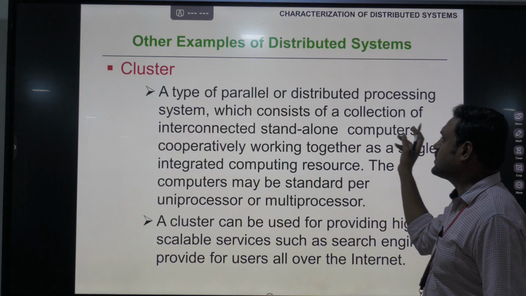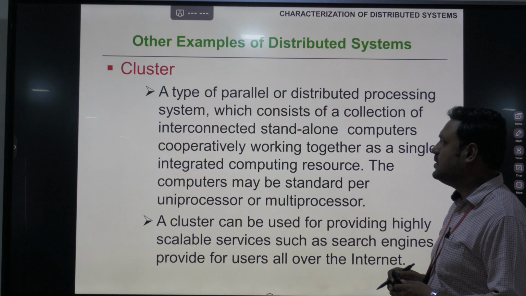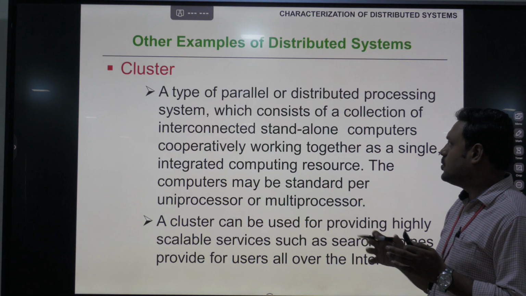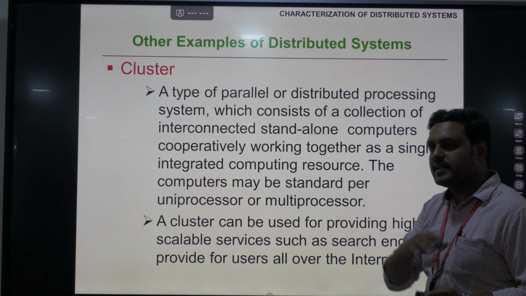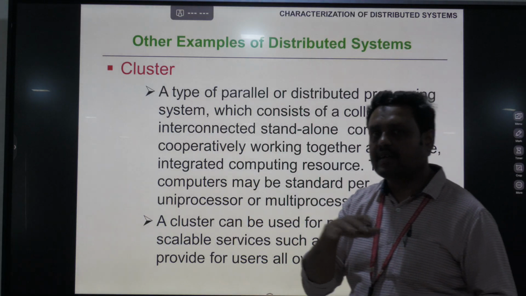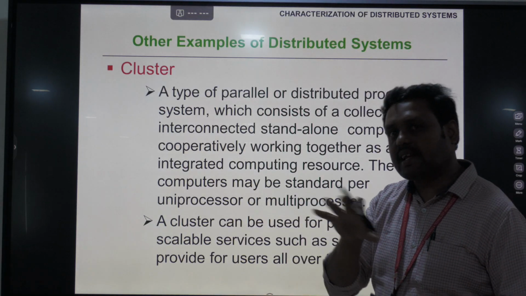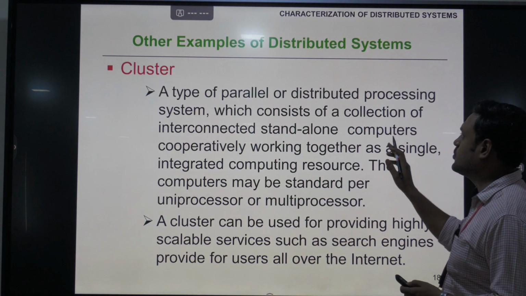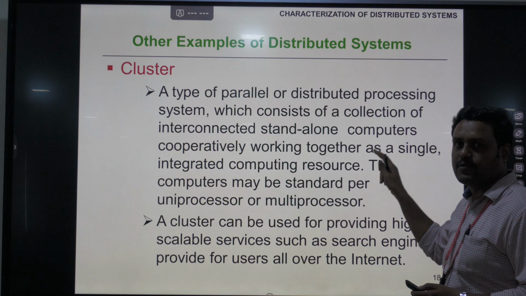All are connected to one another and work together as a single unit. So all the n number of computers connected in a distributed system as a cluster can work on a single task. Like that, the cluster network is one of the best examples for distributed systems.